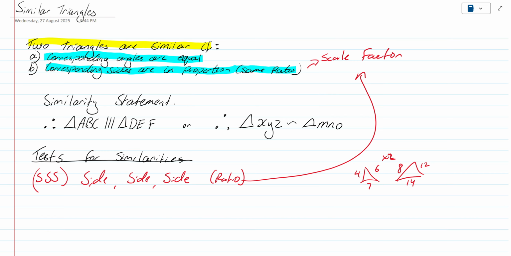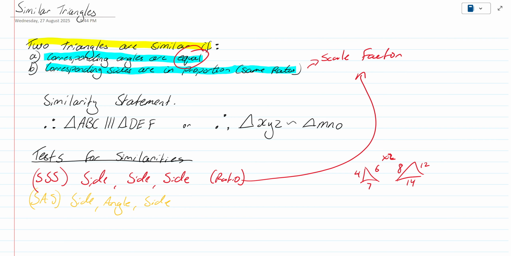Another test is side, angle, side. It's where we have two sides and an angle sitting between the two sides. Now the angle has to be equal, but the sides can be in the same proportion.